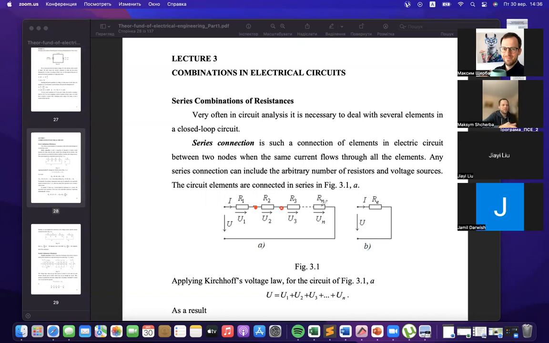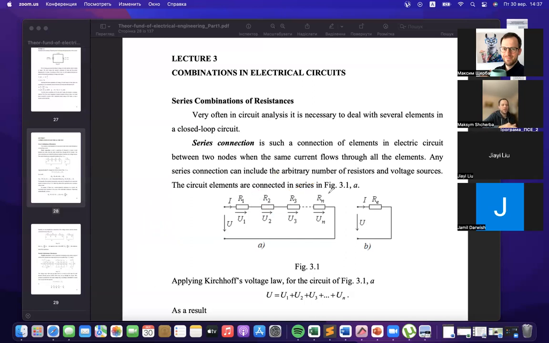They are just one by one, and the important point is no additional connection, no additional branches between them, because if this branch is present, the current will divide, and it will not be a serial connection in such a situation.